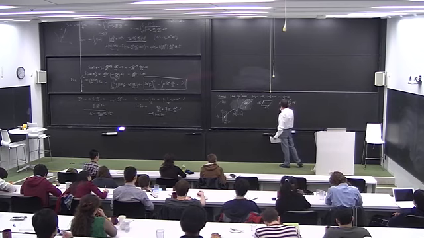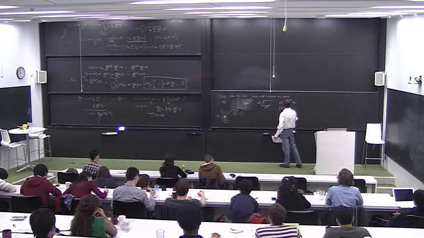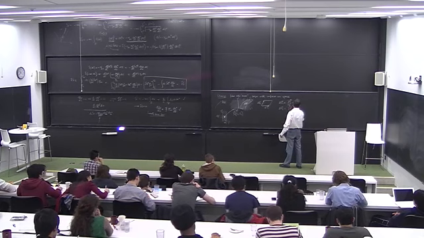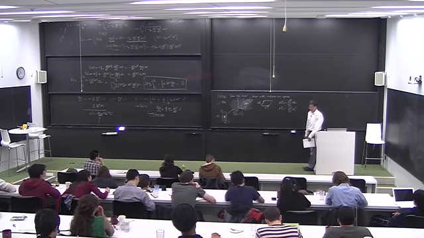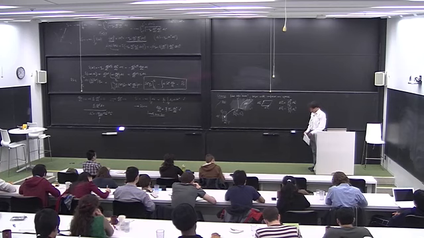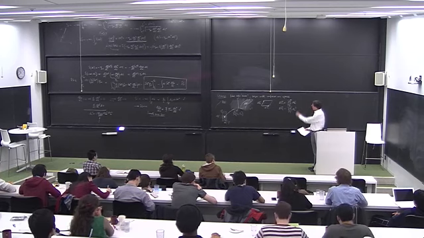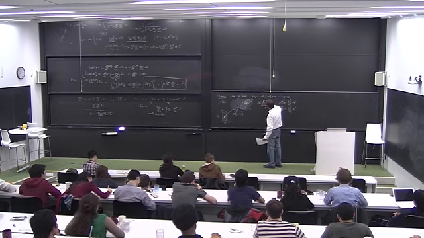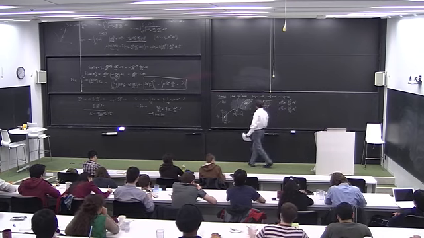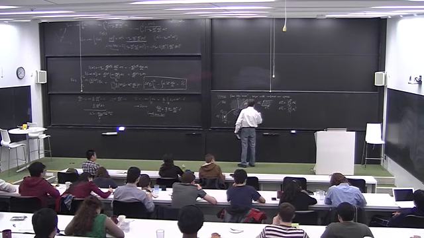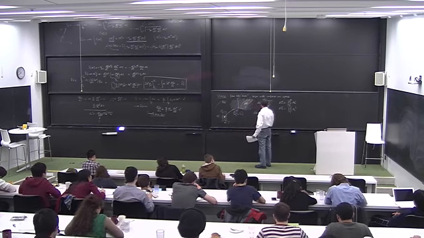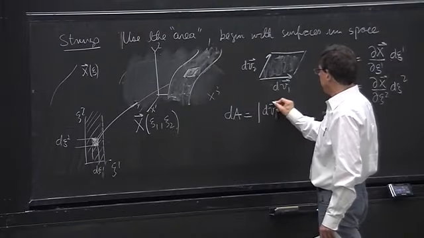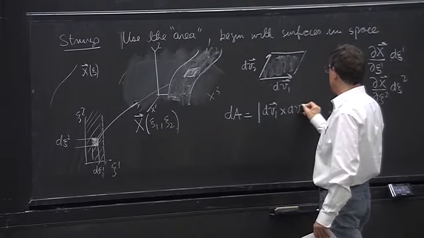And what is dv2? Well, it's dx, d psi 2, times d psi 2. So far, we're just writing this. Now, what is the area of this infinitesimal parallelogram? The area, in fact, is the magnitude of the vector dv1 cross dv2.